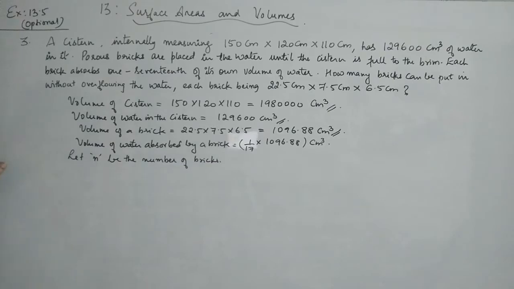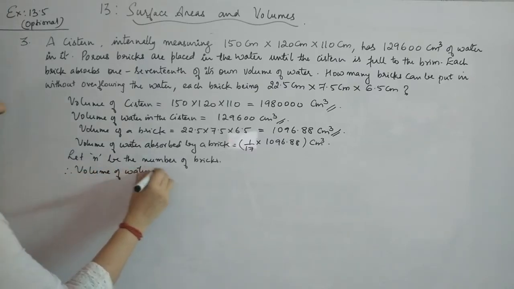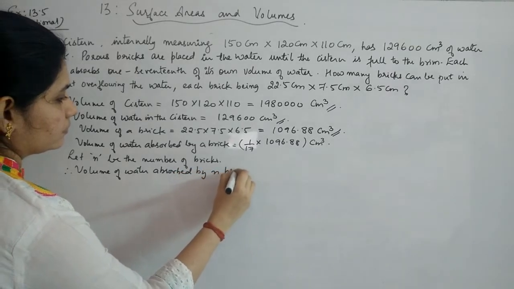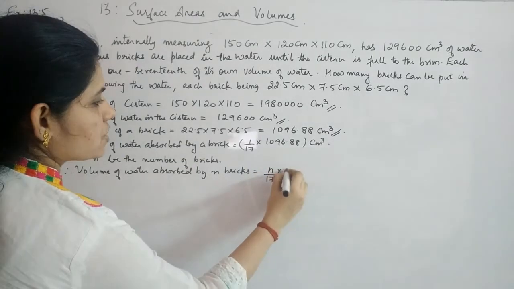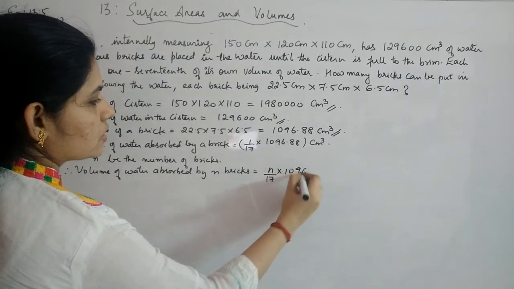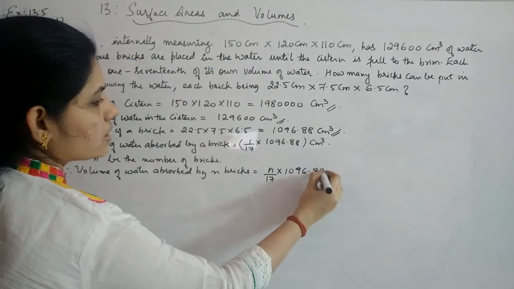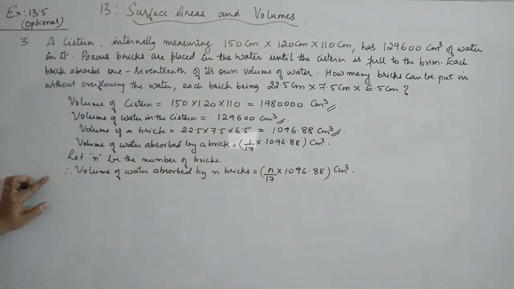So the volume of water absorbed by n bricks is equal to n into this total. So it is n/17 into 1096.88 centimeter cubes.